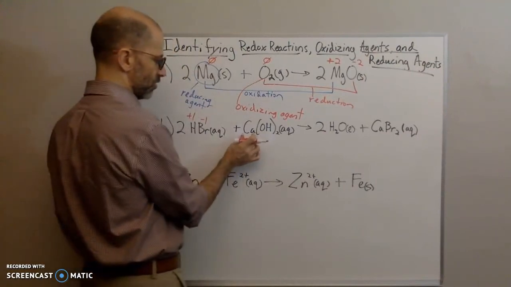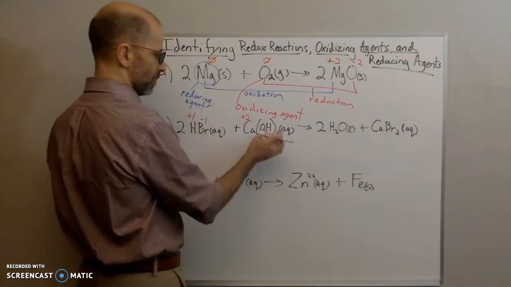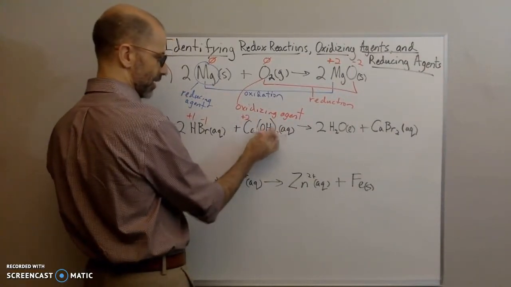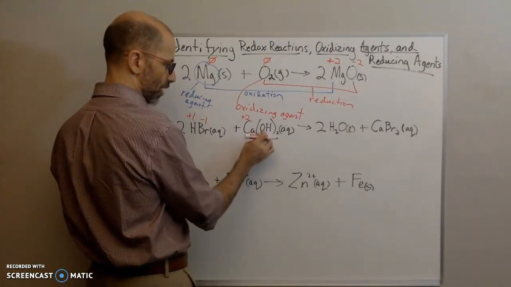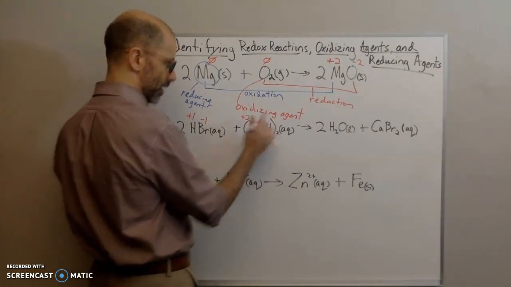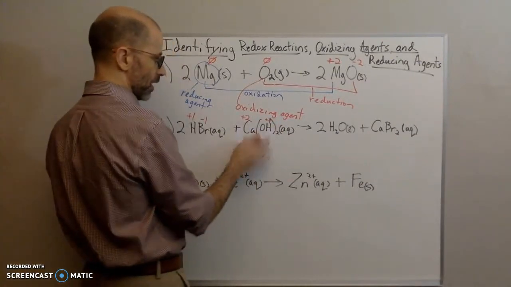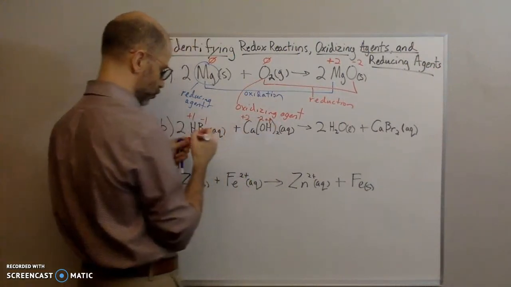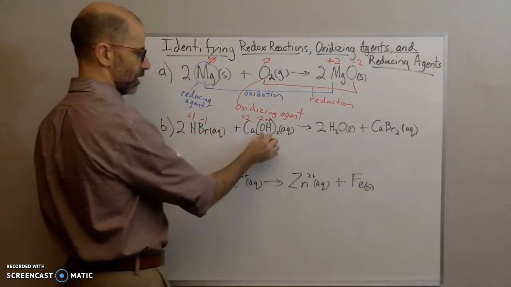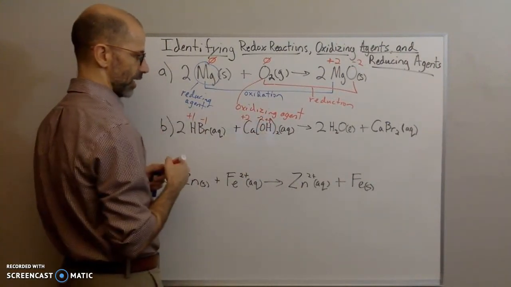Calcium, this is a group 2 metal, so that's going to be a +2. Hydroxide has an overall charge of -1. Hydrogen is higher on the table, so we assign a +1 to that first. And so to get the -1, oxygen has a -2 oxidation state. That gives an overall -1 for the hydroxide ion.